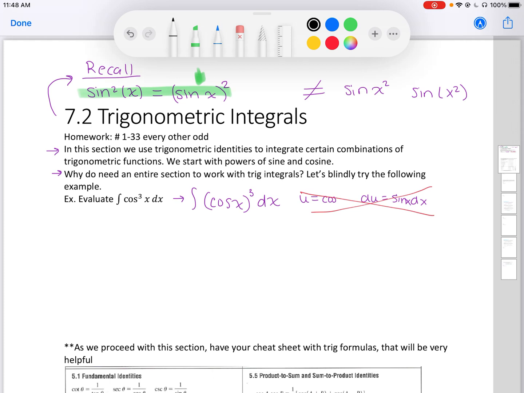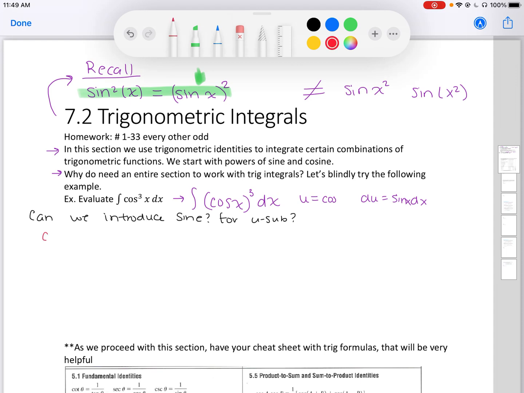So is there a way to use trig identities so that we can introduce a sine? Let me write this. Can we introduce a sine so that we can continue with our u substitution? Since we know we have a cubic, we're going to have to make up that exponent of 3. Okay, well, why don't we split cosine cubed?